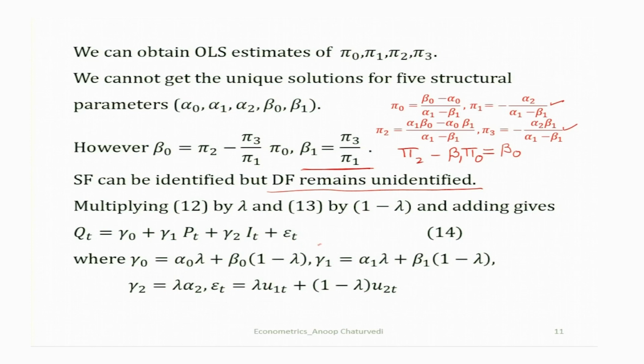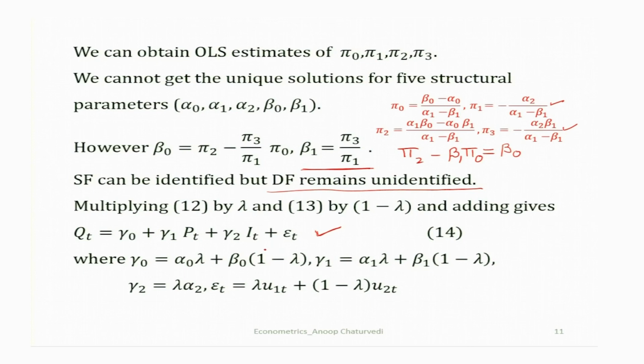Now, you compare this equation with demand function as well as supply function. You will observe that you cannot distinguish this equation 14 from the demand function, but you can distinguish it from the supply function. This 14 is a linear combination of supply function and demand function.